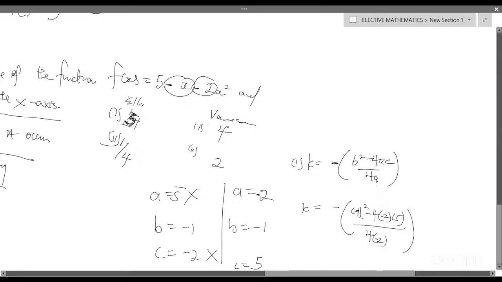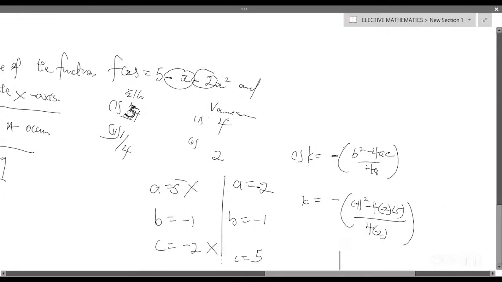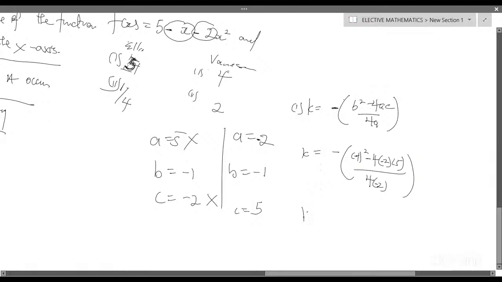So B squared, B is -1. So -1 squared minus 4A is -2. C is 5 over 4 in bracket -2. So K will be equal to negative. So -1 squared will give us positive, right? You know that -1 squared will give us +1. So it will be 1. Yes.